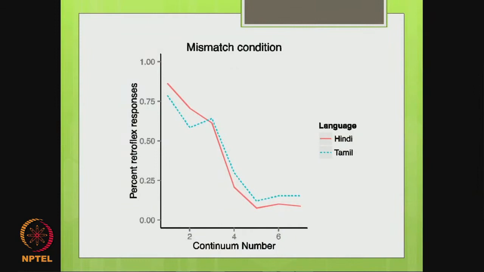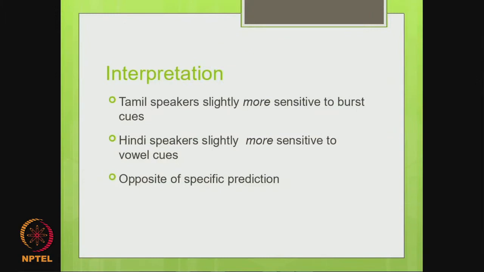So they're not really fazed by the burst cues not matching the vowel cues. It turns out they're just listening to the vowel cues, which is again going against the specific hypothesis. So we're seeing that Tamil speakers are slightly more sensitive to burst cues than Hindi speakers, and Hindi speakers are slightly more sensitive to the vowel cues.